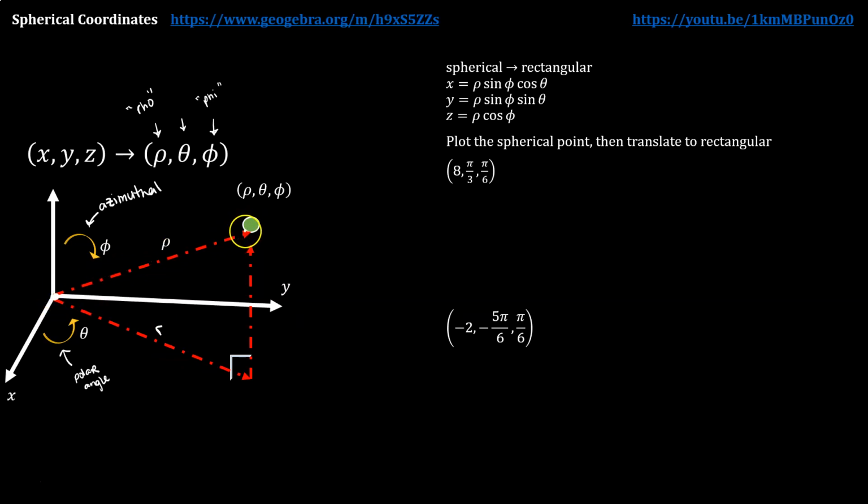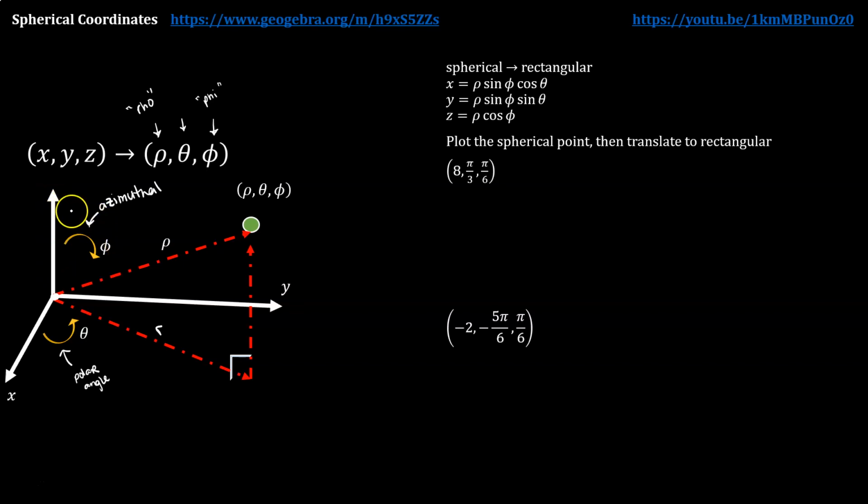So this is the diagonal radius, or the radius of, say, a sphere. Theta is the polar angle, so that is the angle that rotates in the xy plane, still going between 0 and 2 pi.